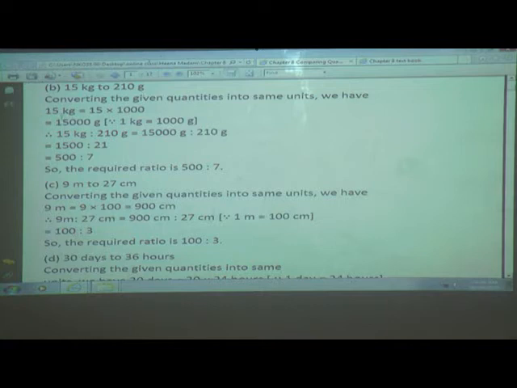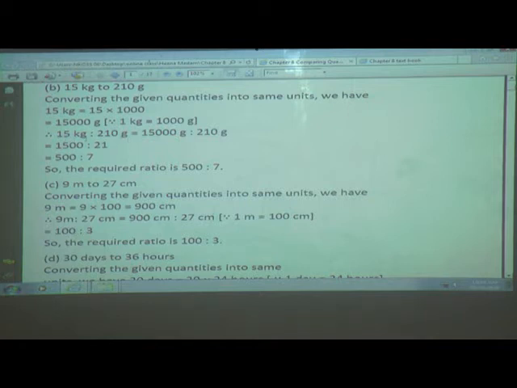So 15 kg is equal to 15 into 1000. You know 1 kg is equal to 1000 gram, so converting this 15 kg we get 15,000 gram. Our question is 15 kg ratio 210 gram.